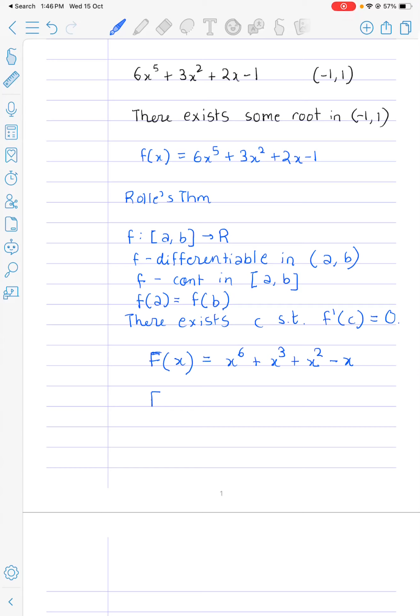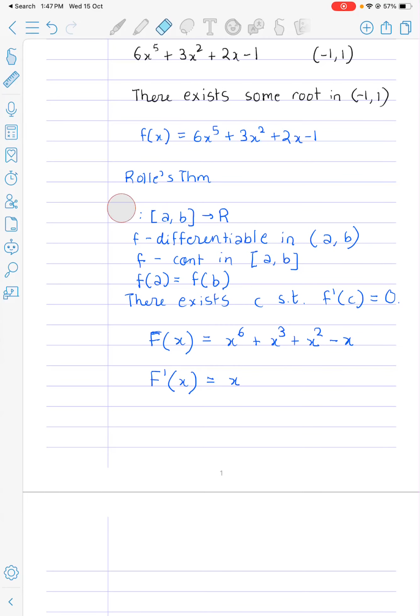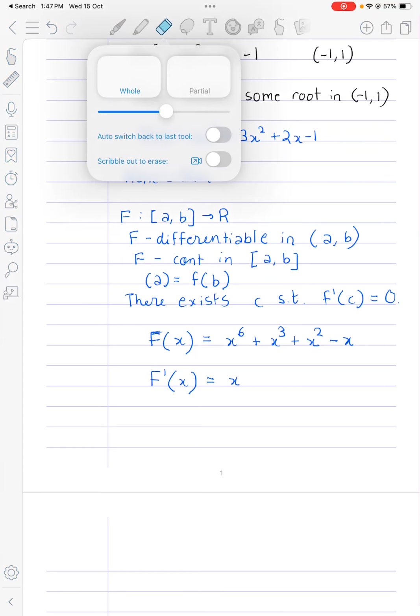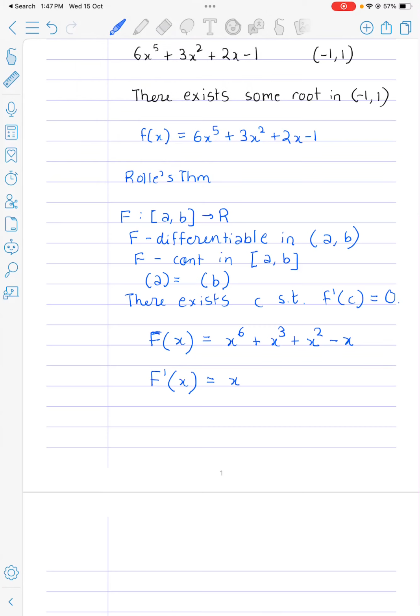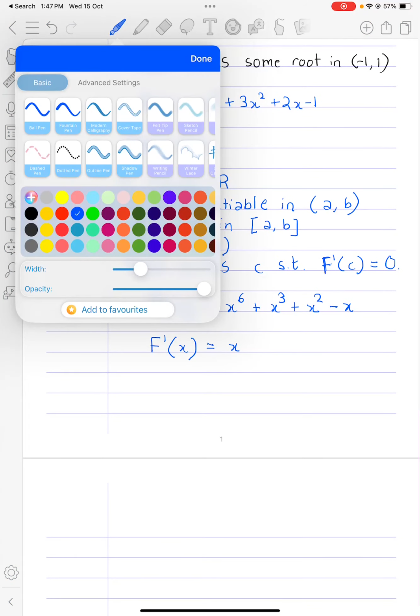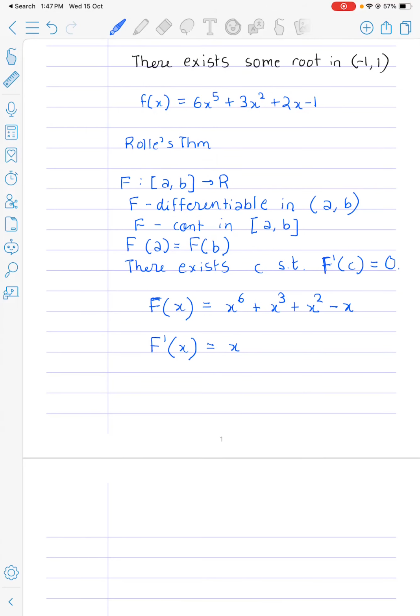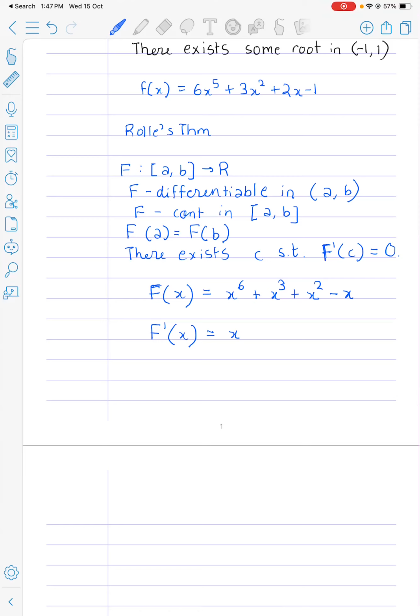Okay, so if you differentiate this, let's denote this by capital F. So F'(x) is, you calculate this, you will get 6x^5 plus 3x^2 plus 2x minus 1.